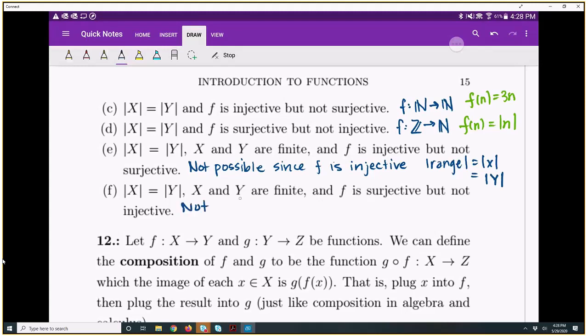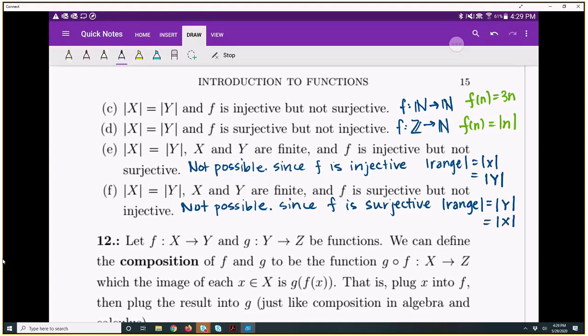Also, if x and y are of finite cardinality, cardinality of x is equal to cardinality of y, and f is surjective but not injective, it's also not possible, is what I'm trying to say. Since if f is surjective, then the cardinality of the range will now be equal to the cardinality of the codomain, because it's surjective by assumption.